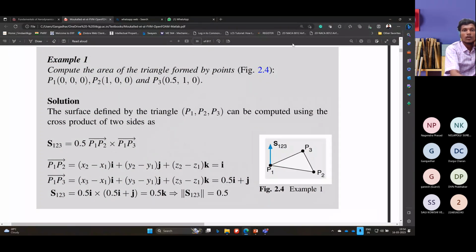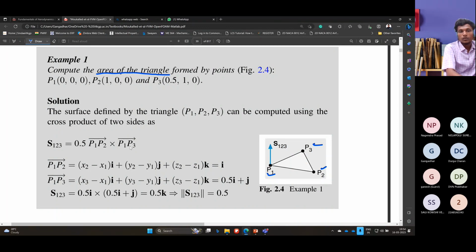Here they are asking us to find the area of the triangle. You just need to find the area of the triangle only by having the points P1, P2, P3. You don't have any other points, and these points are not along the x direction, the y direction, or the z direction. They are random points.